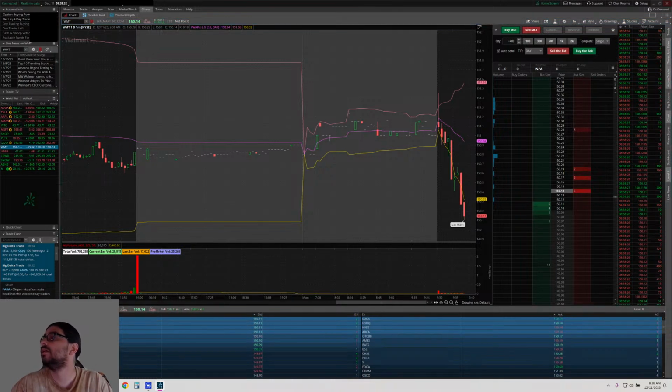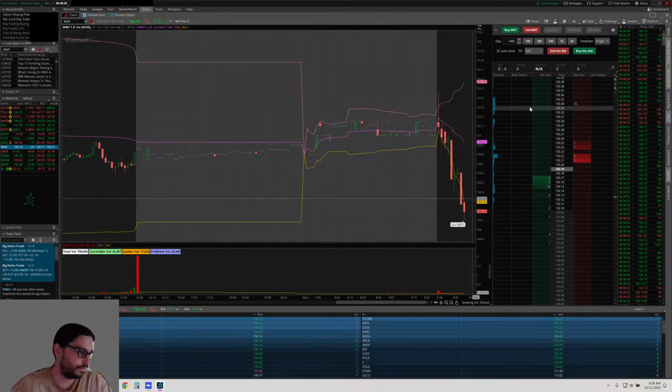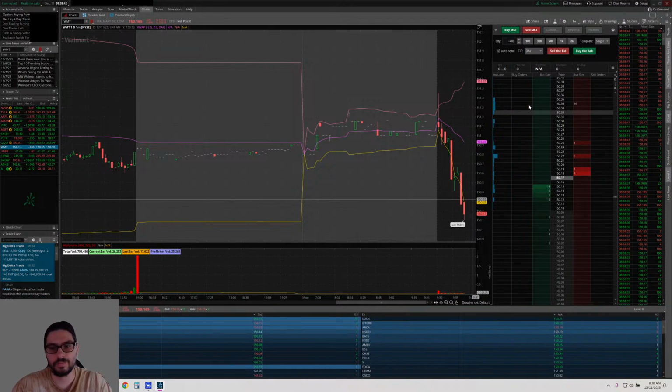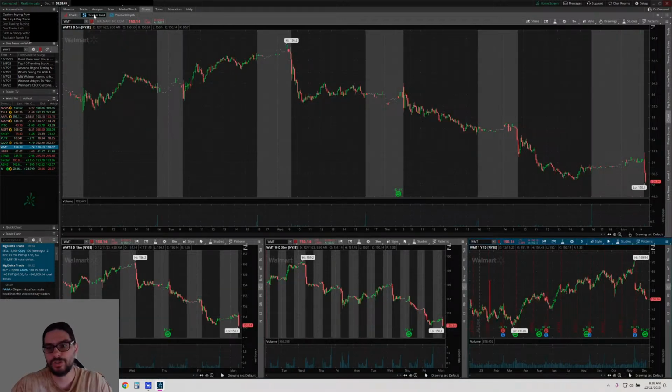The Spy and Queen are going up. Walmart is going down. I don't know if I want to do that because I am sitting at a level that I'm not exactly happy about, and this 150 could definitely find support before it wants to break below the 149.